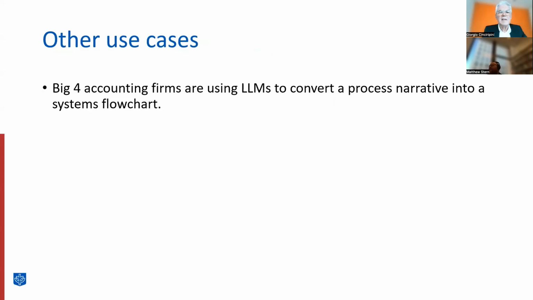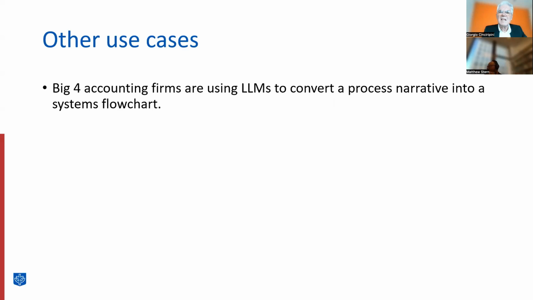The big four accounting firms are using an LLM to take a process narrative. They go with the client, interview employees, walk through a business process, and write it up as a narrative. Now we know the next step is to go into the office and draw a systems flow chart, converting that verbal representation into a graphical one.